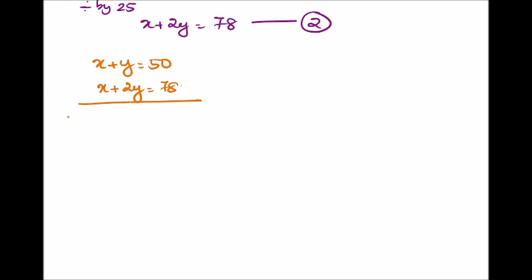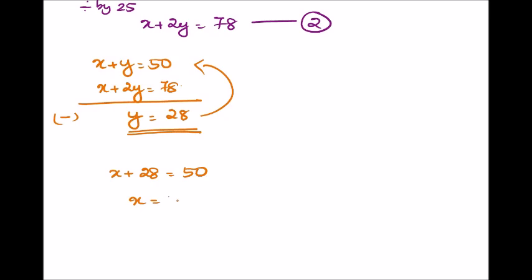Now subtracting, we will get y is equal to 28. Now substitute the value of y in any of the equations. We will get x plus 28 is equal to 50. That is x is equal to 50 minus 28, that is equal to 22.